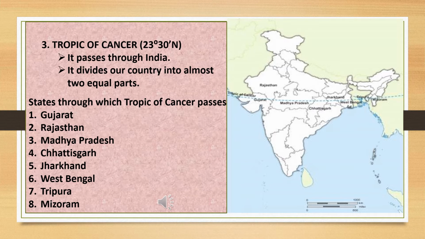This you can see on the map as well. Now, Tropic of Cancer passes through 8 states of India. Those 8 states are Gujarat, Rajasthan, Madhya Pradesh, Chhattisgarh, Jharkhand, West Bengal, Tripura and Mizoram.